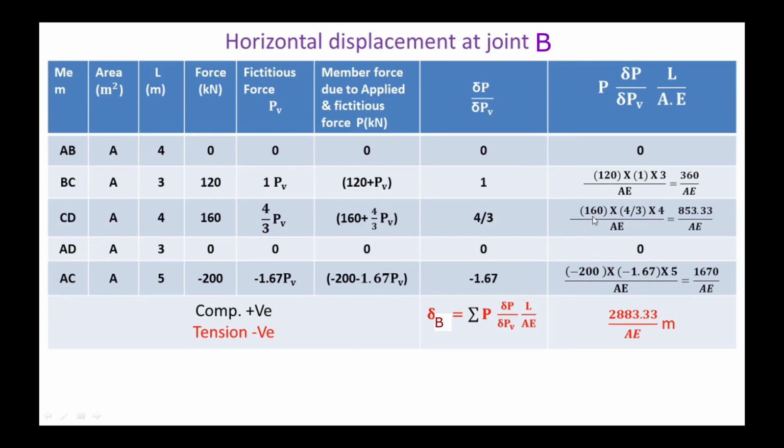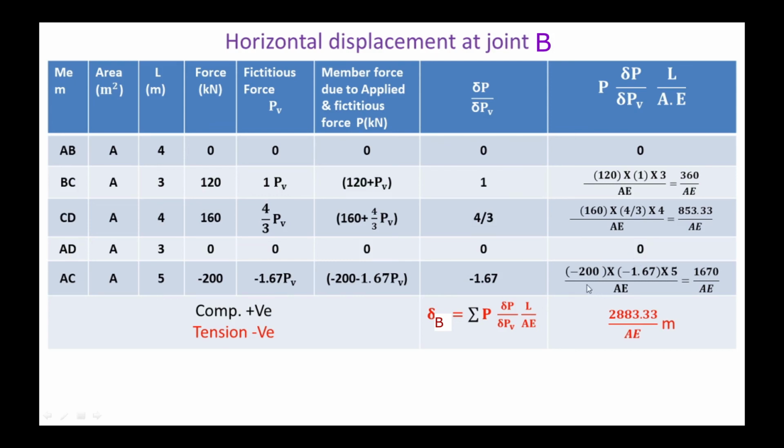Then next P is 160, the force developed due to the applied load, into del P by del PV which is 4 by 3, into length 4, divided by AE, so that is equal to 853.33 divided by AE.